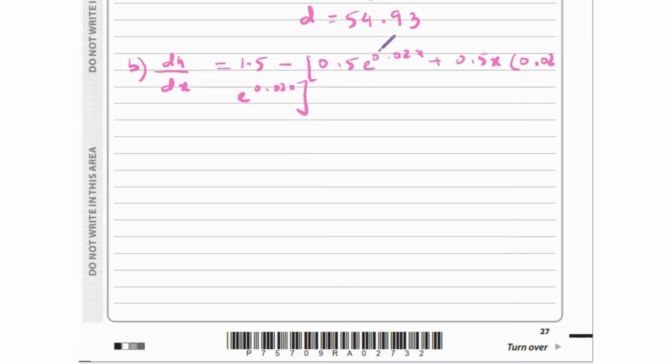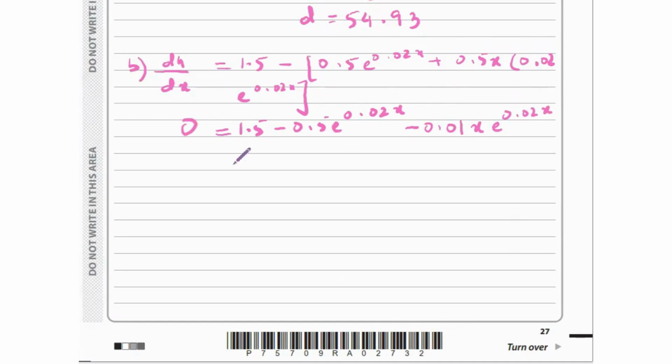Since 0.5x is being multiplied by e to the power of 0.02x, we use the product rule for that part. So that's going to be 1.5 minus 0.5 times e to the power of 0.02x. 0.5 times 0.02 is going to be 0.01. So plus, minus actually, so minus 0.01x times e to the power of 0.02x.